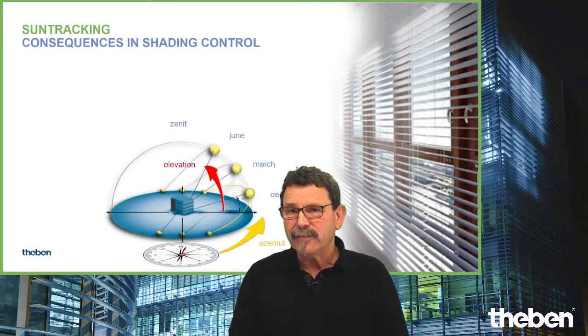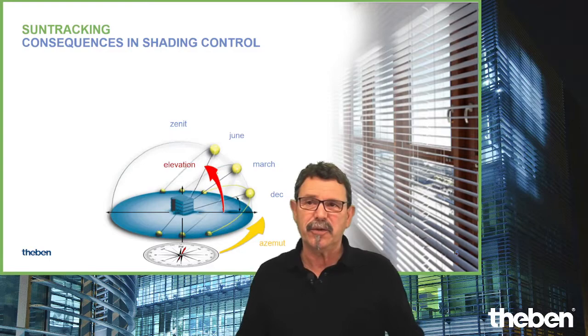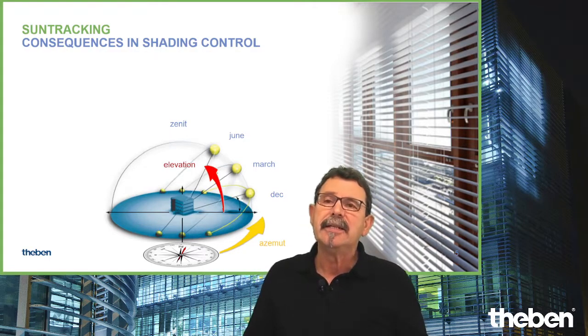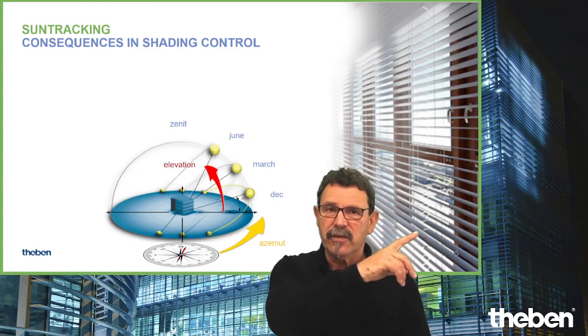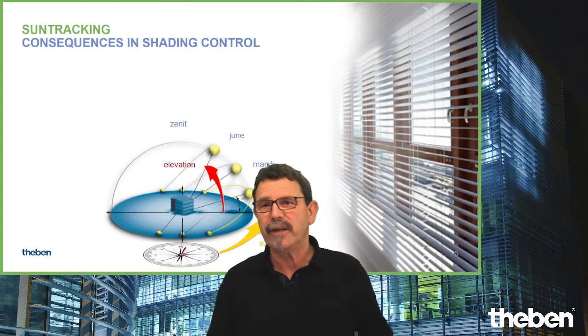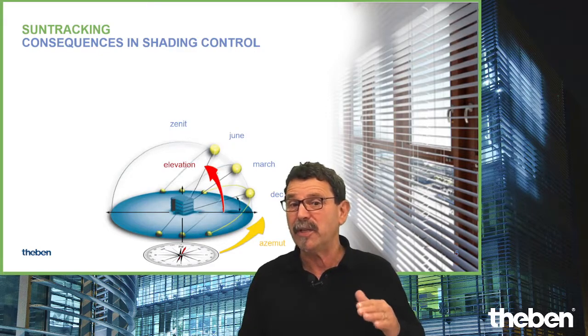During the year, during the seasons, we have different positioning of the sun. So the azimuth and the elevation change during the season. And that means the slats' positions follow exactly this position. So the slats are adapting automatically. What is the effect?